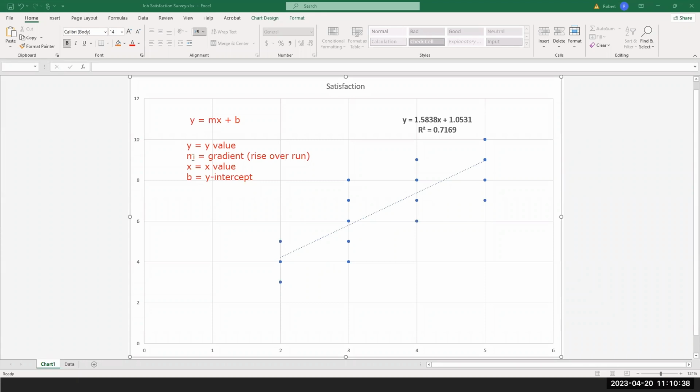So yeah, the m value tells you the slope, like how steep it is or how flat it is. The x value is just along the x-axis here. The y value is along the y-axis, and the b value is the y-intercept. So if you were to extrapolate or stretch out this line, you would stretch it all the way out and just keep going.